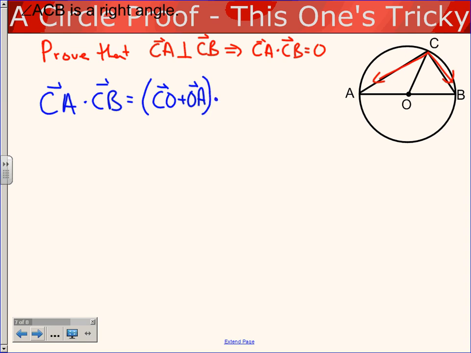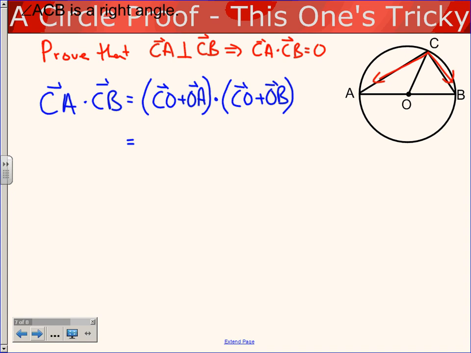And then I'm still dot producting that with CB, which I'm going to change into CO plus OB. And why would I do that? Well, two things have happened now. I've got CO twice, which is kind of nice. And I have OA and OB, which are opposite vectors. So that's kind of nice.